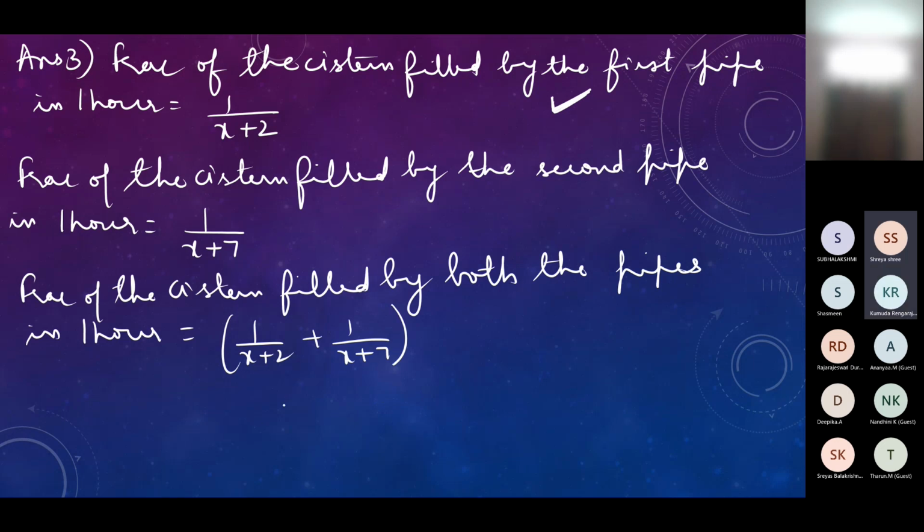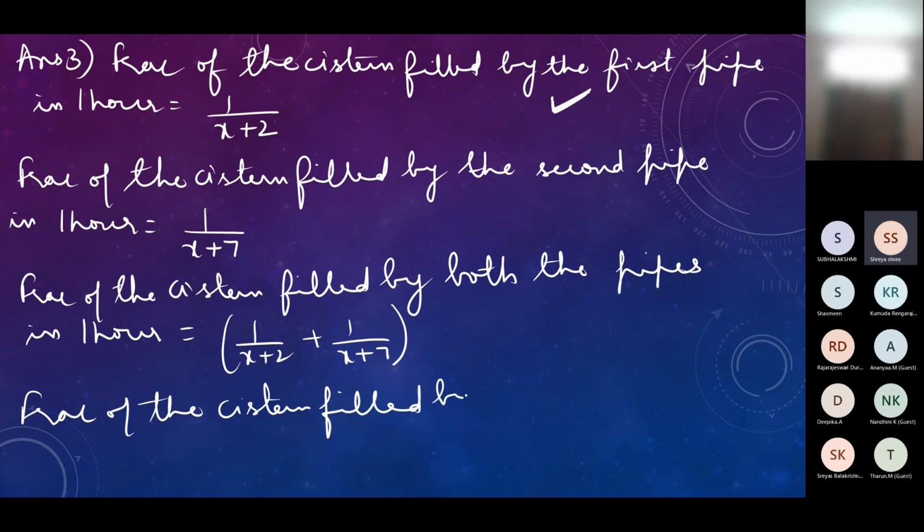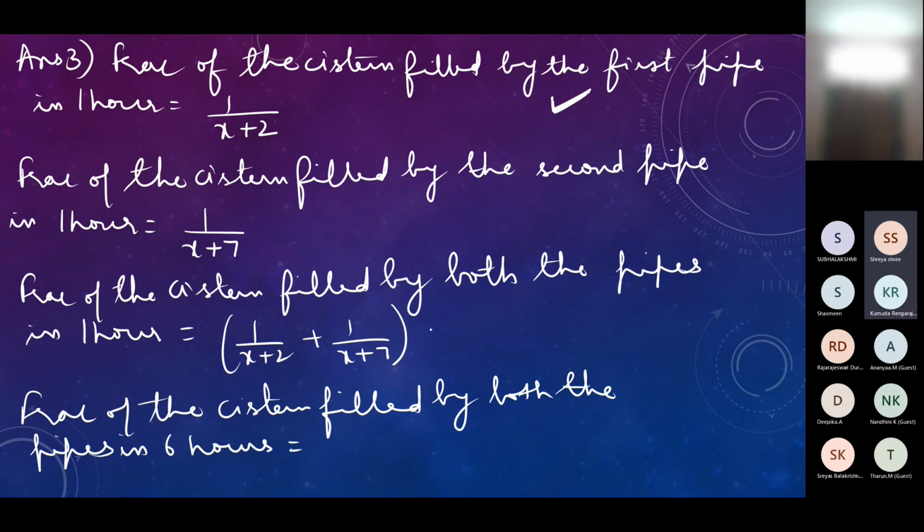Now, they are let open for 6 hours. They work like this together for 6 hours. In 1 hour, they fill this fraction of the tank. So when they work for 6 hours, the fraction of the cistern filled by both the pipes in 6 hours would be 6 into 1 by x plus 2 plus 1 by x plus 7.